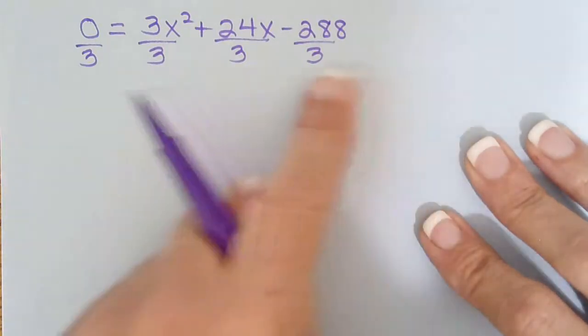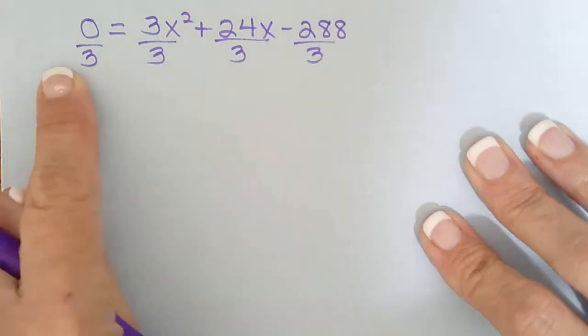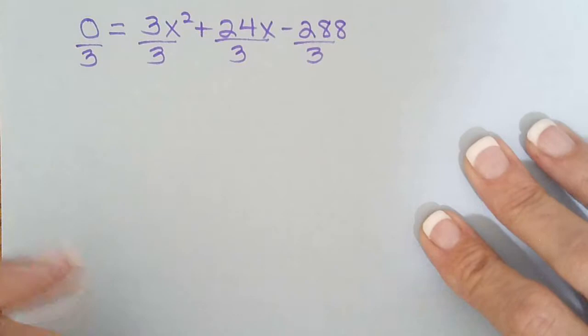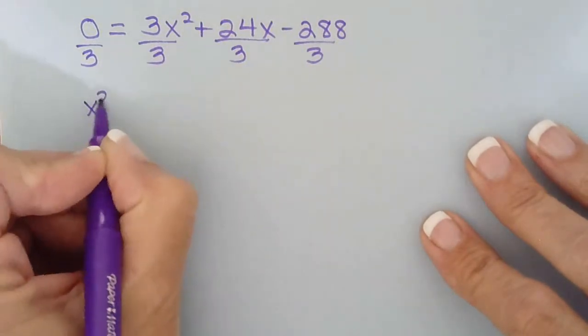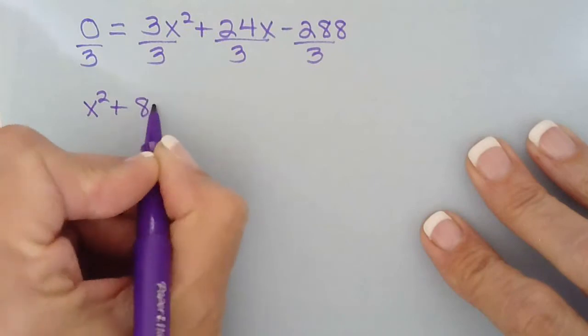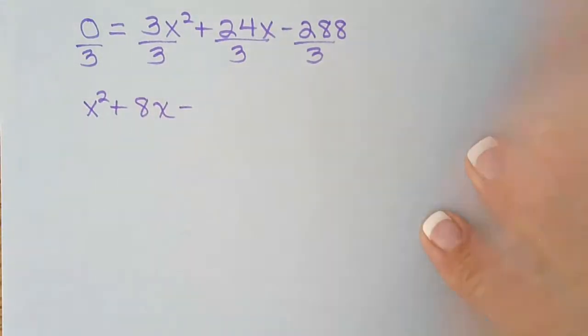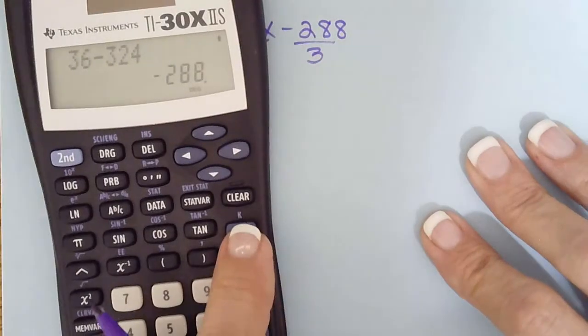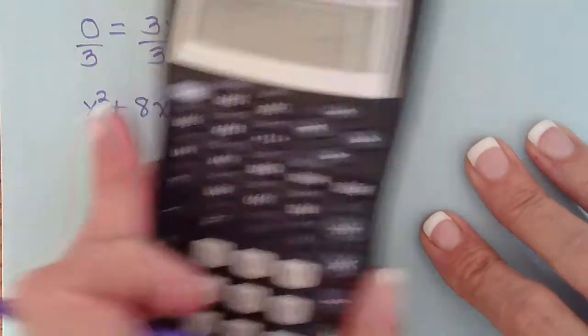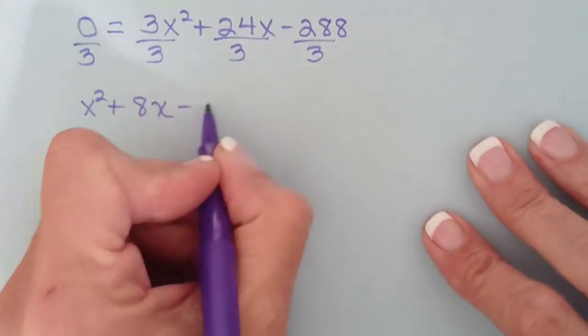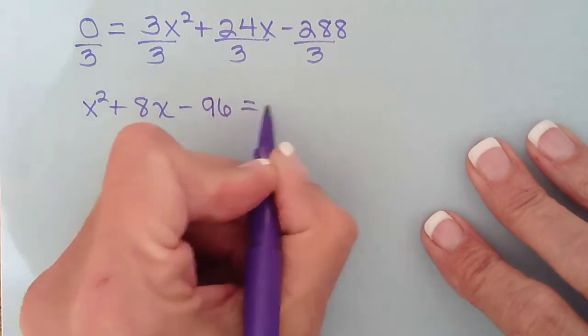You just have to make sure if you're going to take something out, it's all the way across every term. So then we get 1x squared plus 8x minus, and we have 288 already in the calculator, so let's just divide by 3, and that gives us negative 96 equals 0.